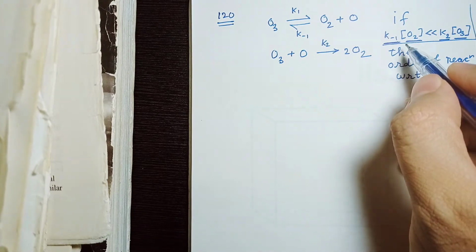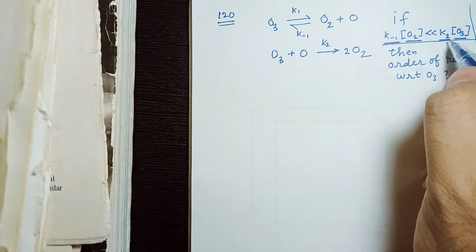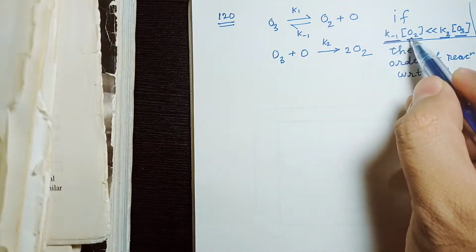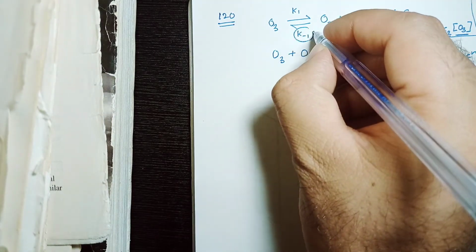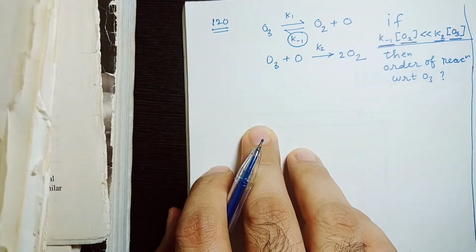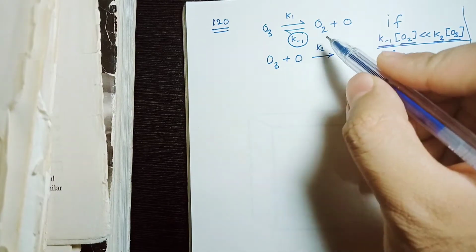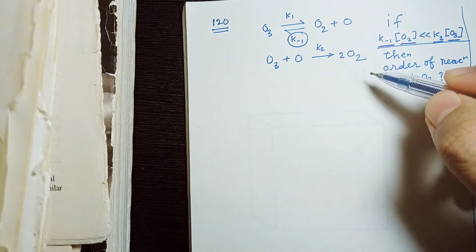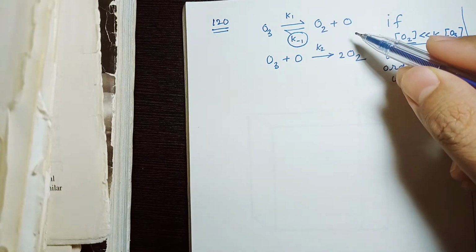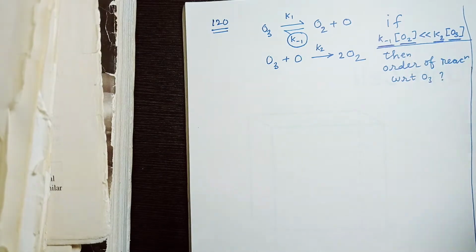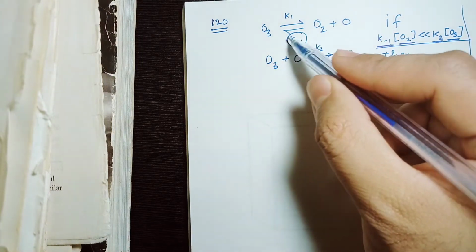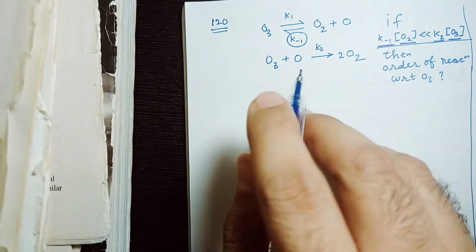So let's ignore the K minus 1. Even if we do not ignore K minus 1 and we do the usual method of steady state concept, applying it on oxygen radicals and finally applying this condition, still we will get the answer. But to do it fast, just ignore this backward step rate constant.